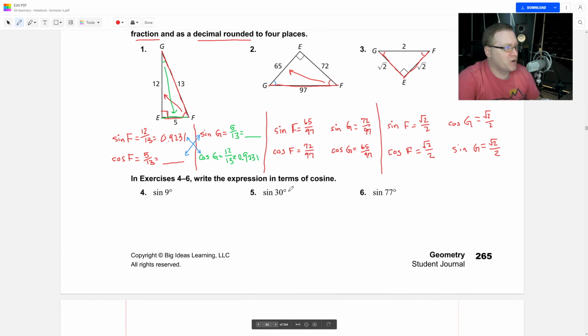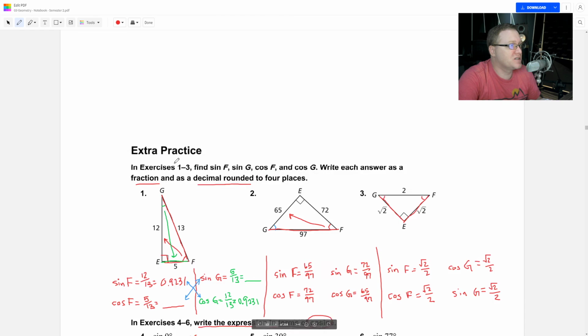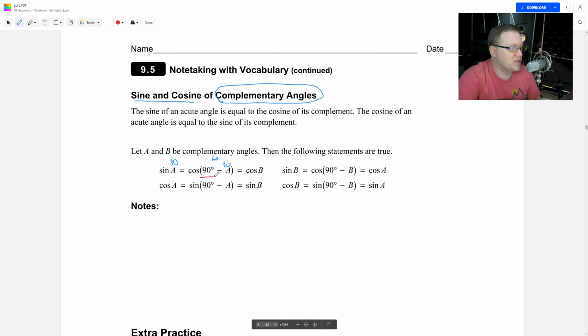All right, now the last part, it says write the expression in terms of cosine. So right now they gave us sine of 9 degrees. We want to say the sine of 9 degrees equals the cosine of what? Well, we just said up here that 90 degrees minus the angle is always going to equal the sine.